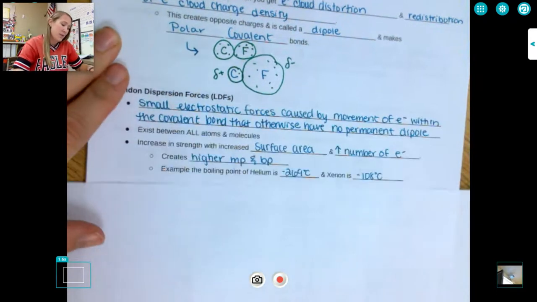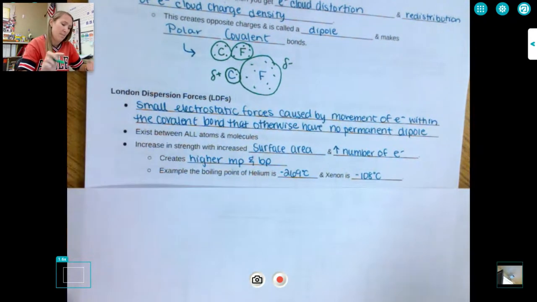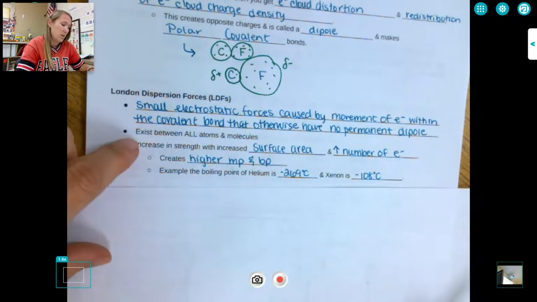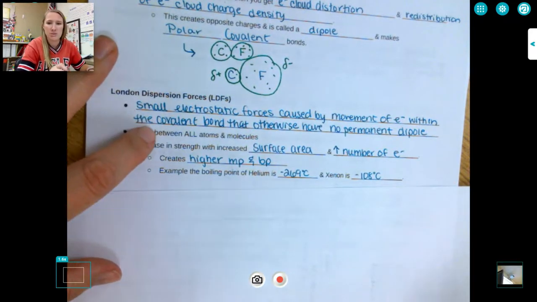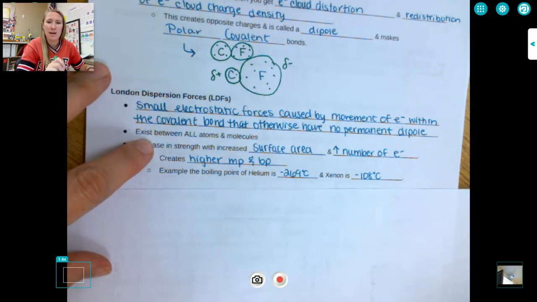Now, in every single molecule, so between molecules, we have London dispersion forces. And these are small electrostatic forces caused by the movement of electrons within the covalent bond that otherwise have no permanent dipole, but it's just the sharing of those electrons. Again, these exist between all atoms and molecules, so everything has London dispersion forces, or LDFs.